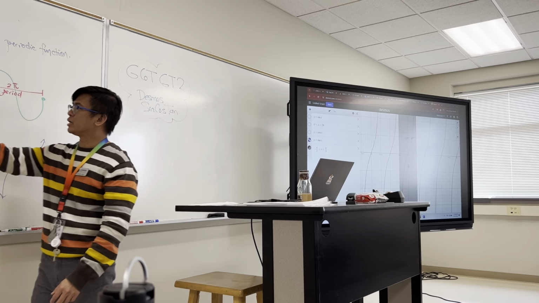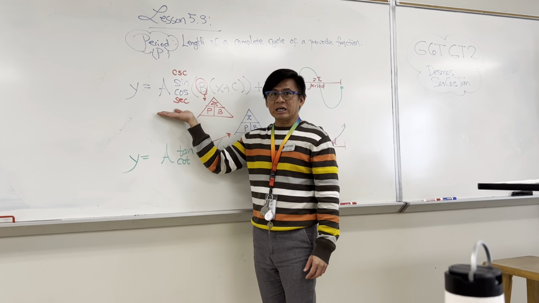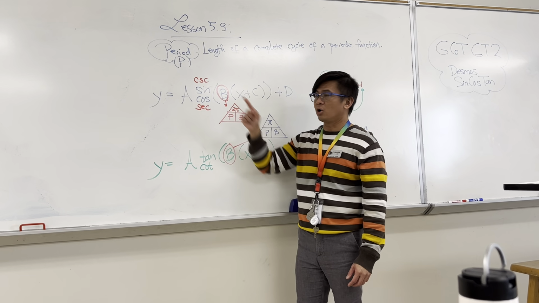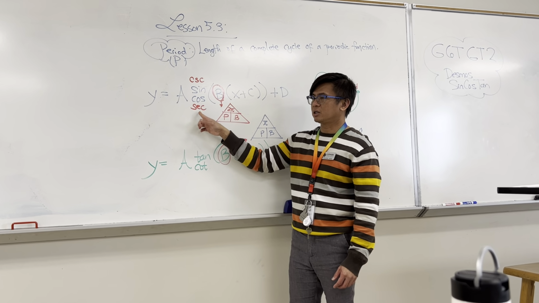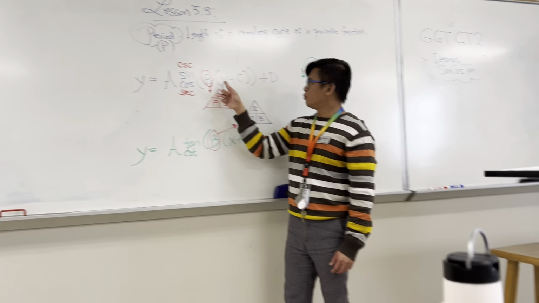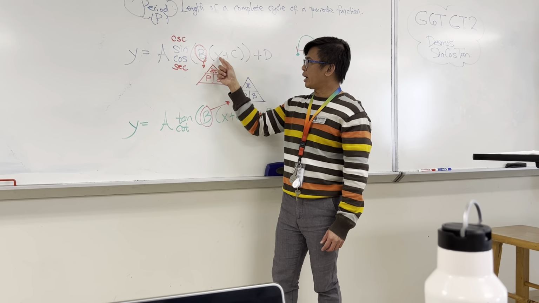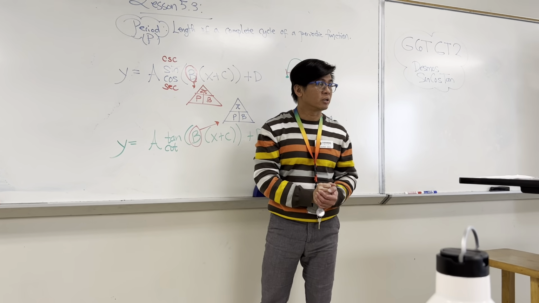So here it is. This is the computation for period. Given a format for sine, cosine, secant, or cosecant, if it's of the form A times the function of B multiplied to x plus c, plus d, whatever is the multiplier of your x, that's going to be the b.